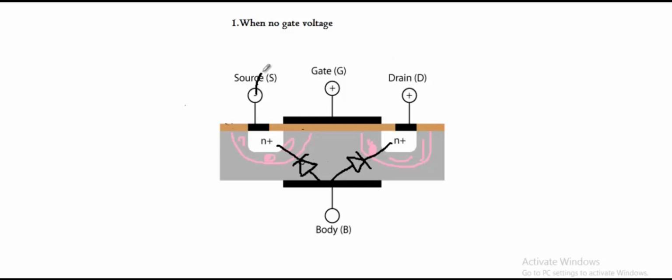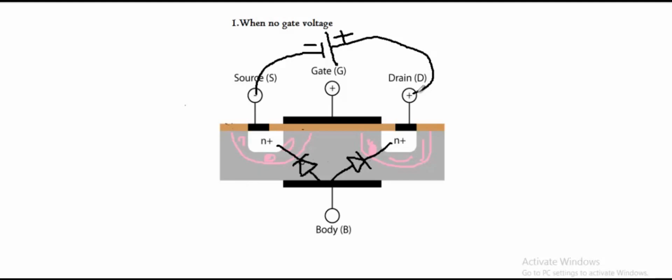So we can connect the drain to the source, and this is a positive terminal and this is a negative terminal. So we can connect this source with the negative terminal.